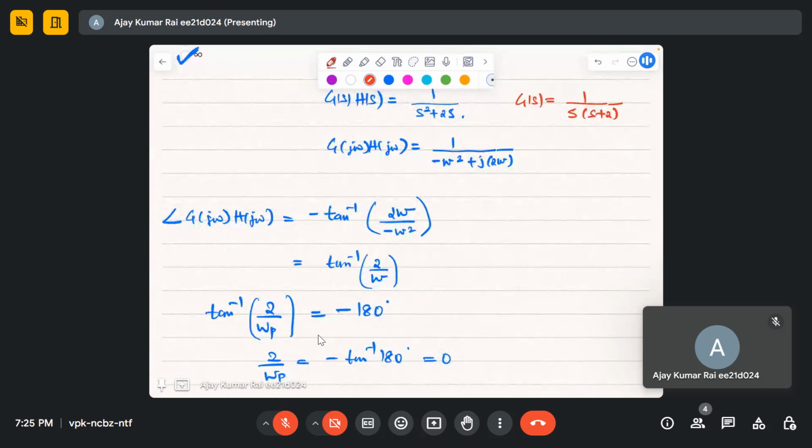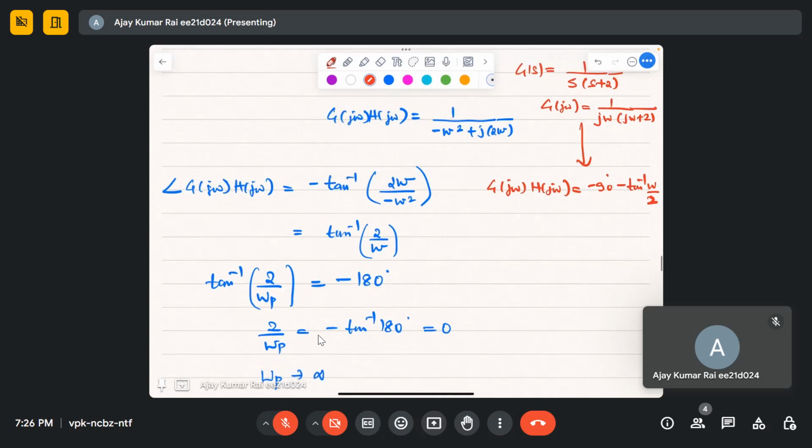With j omega and j omega plus 2, it will be minus 90 minus tan inverse of omega by 2.